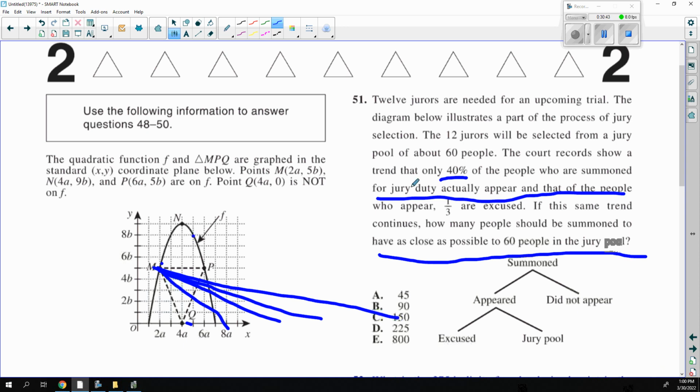So start with an X. I don't know the number. Of that X, only 40% appear. So times it by 0.4, right? And then 1/3 are excused. So of that, we only get 2/3 of the people to equal 60 for the pool, huh?